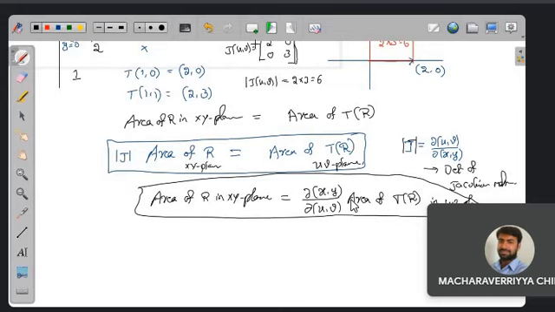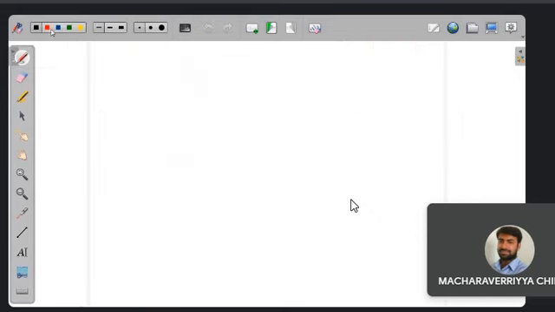I'll give you an example of a simple application of the Jacobian. For example, you are asked to find the area of an ellipse given by x square by a square plus y square by b square equal to 1.